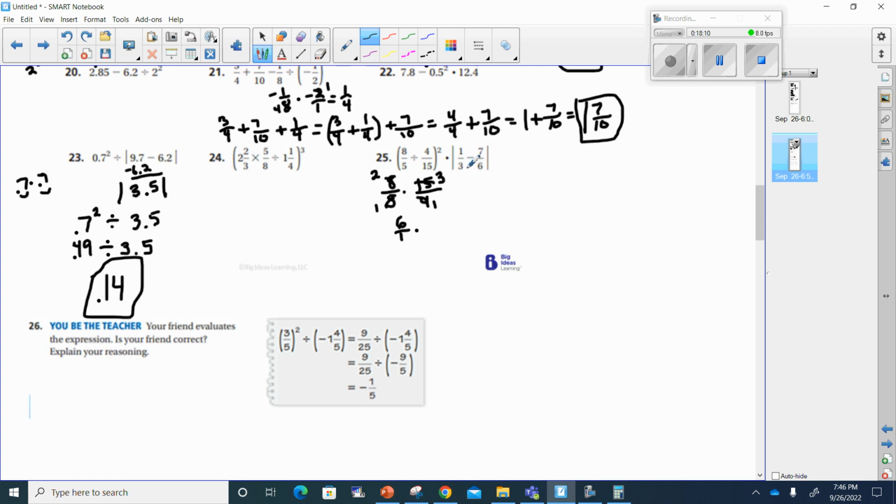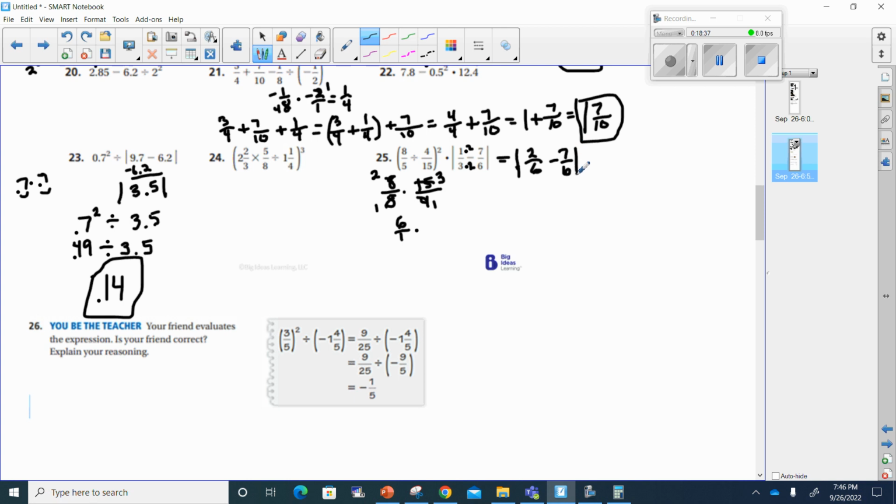I need to get a common denominator, so I'm going to multiply the 1 over 3 by 2 over 2. This is going to equal the absolute value of 1 times 2 is 2, and 3 times 2 is 6. So it's the absolute value of 2 over 6 minus 7 over 6.